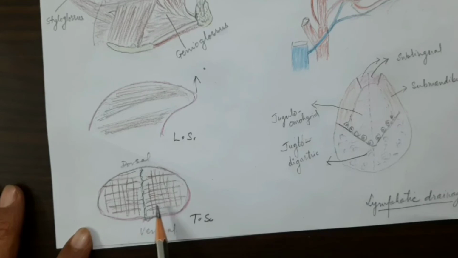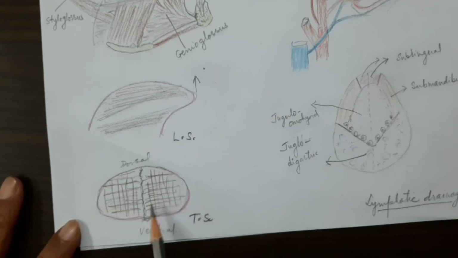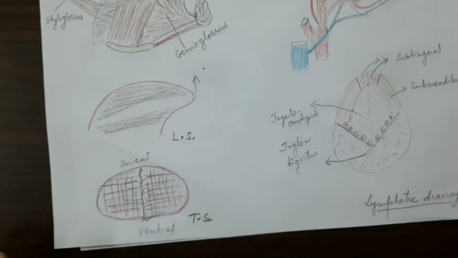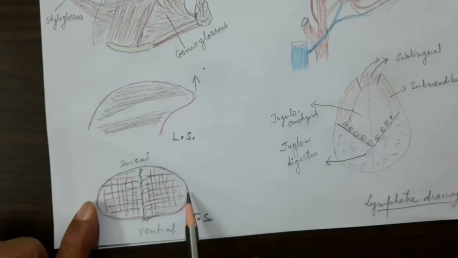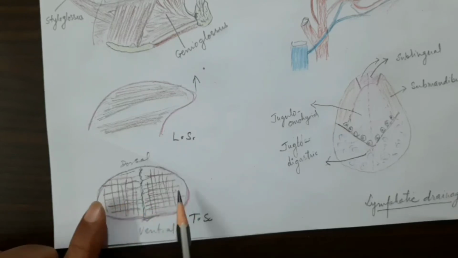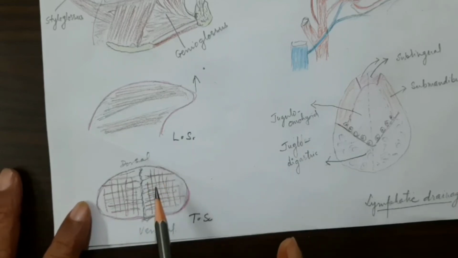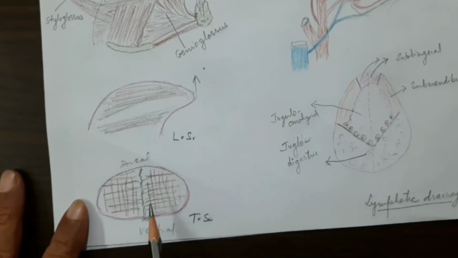If these transverse fibers contract on the right and left side, they will increase the length of the tongue. Why will they increase the length? Because the tongue will become narrow due to contraction, and if it becomes narrow, it will get elongated posteriorly. Just imagine this action.